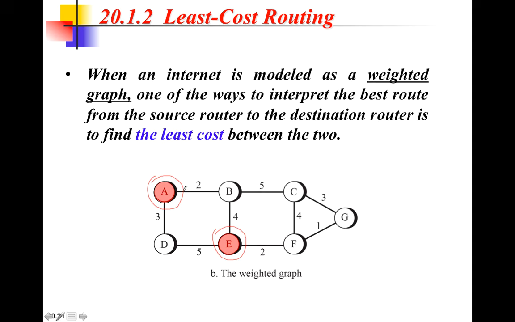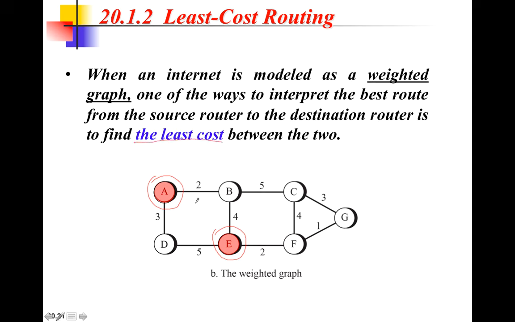There is more than one way of going from A to E. We have ABE, we could go ADE, we could even go A, B, C, F, E. So many different ways in which we could go to E from A. But the point here is we need to find the least cost.